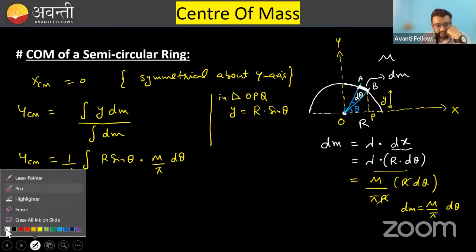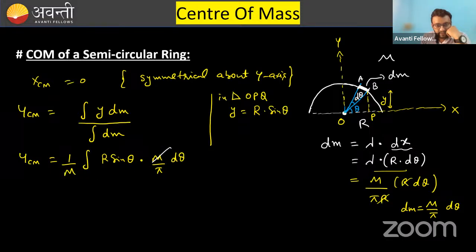You can see that this m will cancel out. So ycm will become, r is the radius which is constant, pi is a constant, they will come out of the integration, and it will become r over pi integration sine theta d theta.